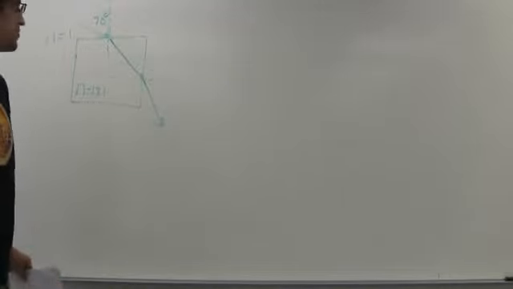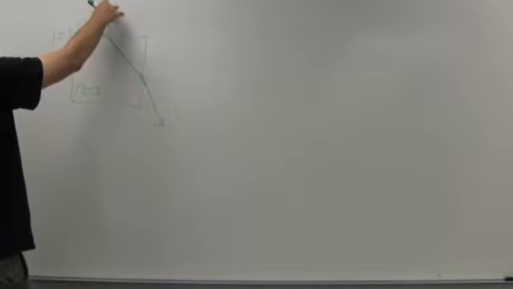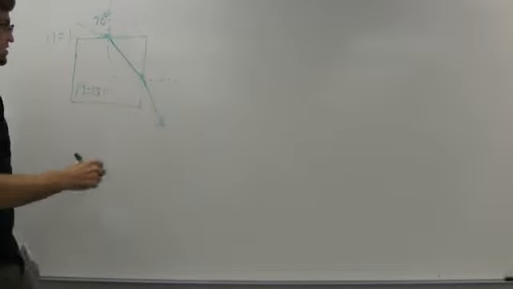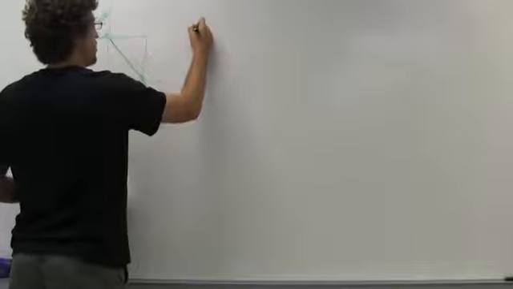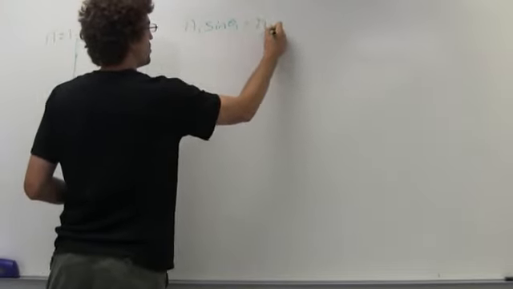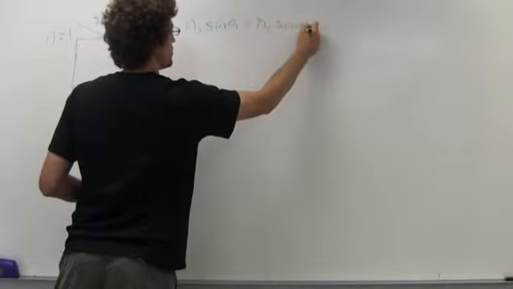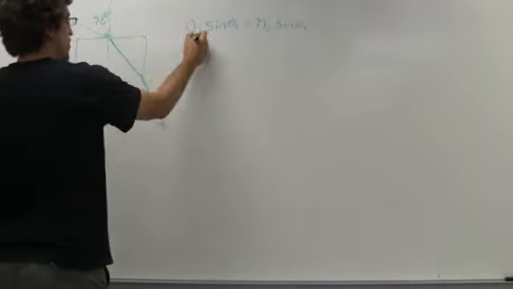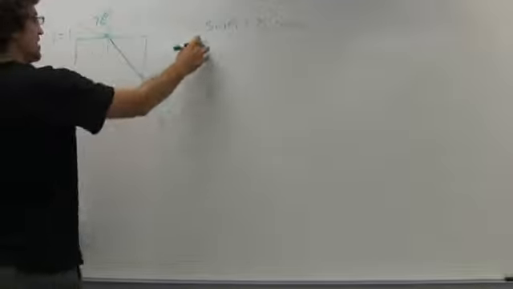Well, we know Snell's law governs refraction. So let's look at the first barrier it hits. We've got n1 sine theta 1 equals n2 sine theta 2. n1 is 1, so that's air.